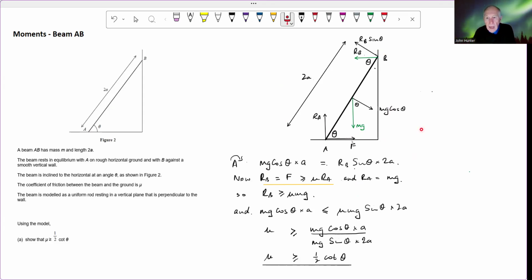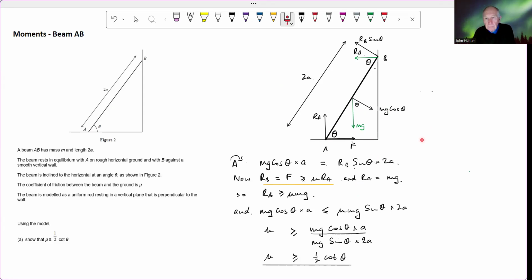Got a beam on there, and we're going to add our forces in. So what have we got? We've got the force due to weight and gravity acting down from the middle. So that's mg, mass m.